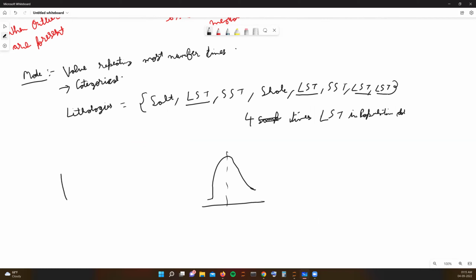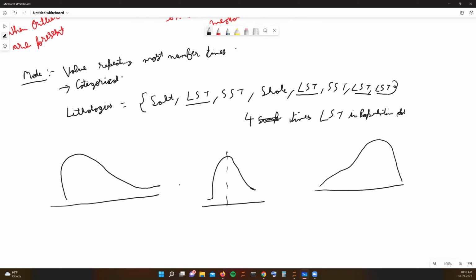And this is your right skewed distribution, having a long tail towards your right side. And this is your left skewed distribution. Right skew, normal, and left skew.